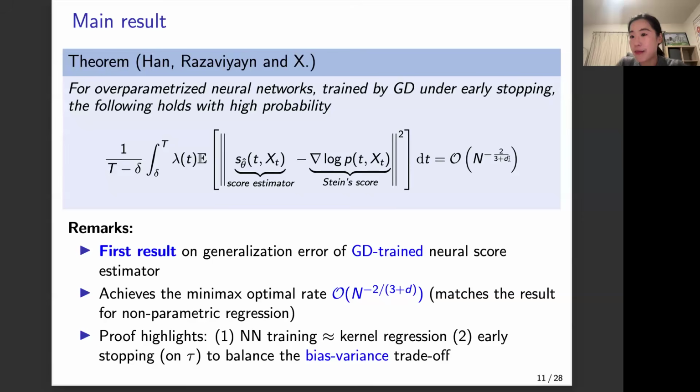So D is the dimension of the data. Okay, so this is the first result on the generalization error of gradient descent type of algorithm for neural networks.